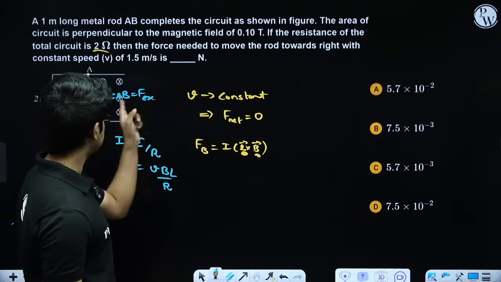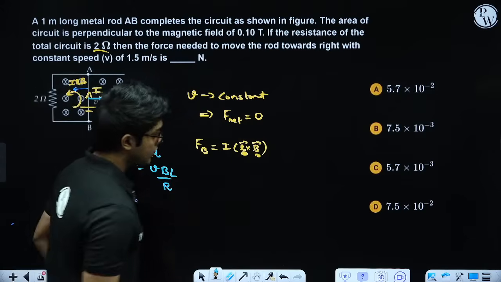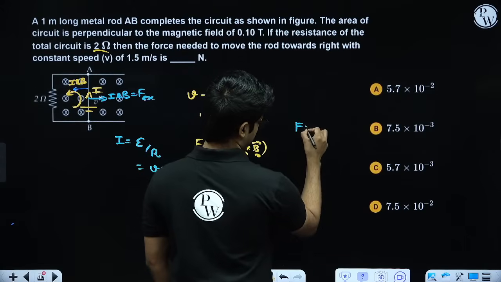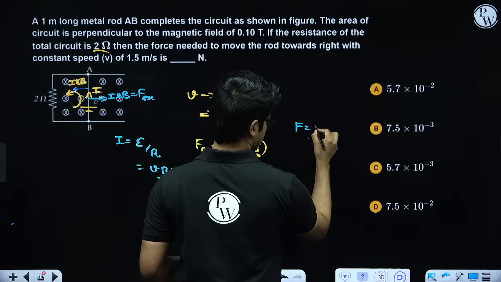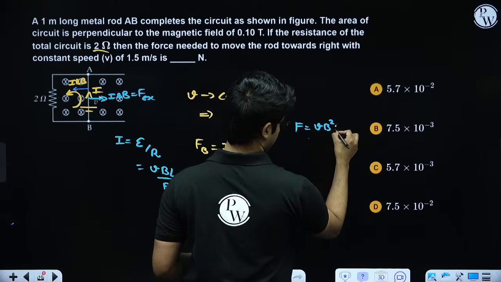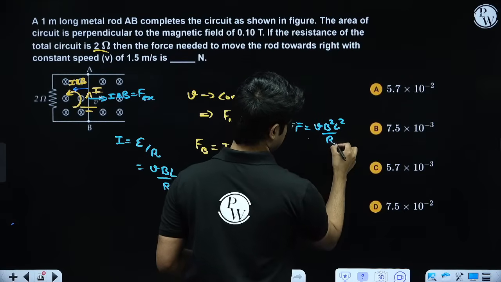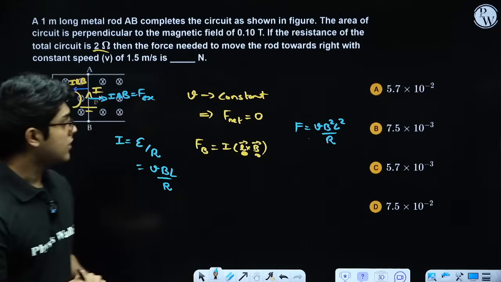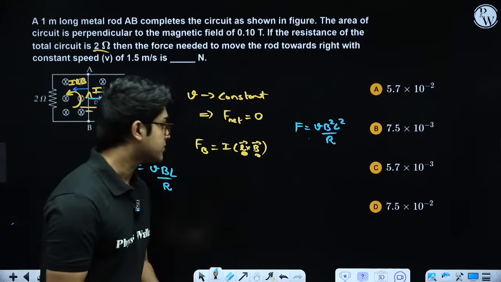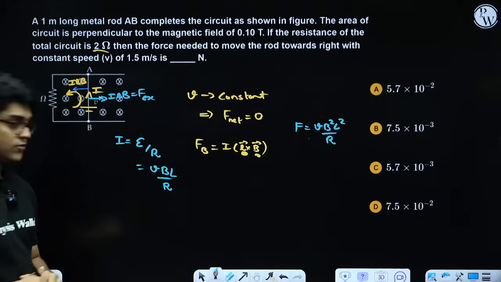So now we can just put it into this expression. So the external force is ILB, and I is VBL divided by R. So this will be V B square L square divided by R. Okay, so I guess we can skip the calculation part. I think the answer would be either B or D. Okay, so yeah, so we can move on.